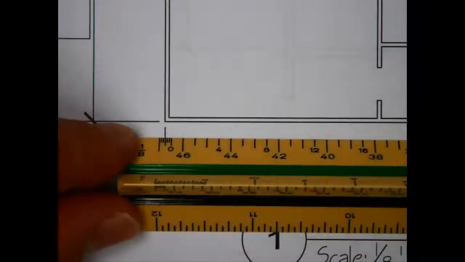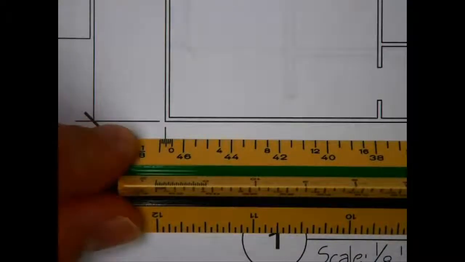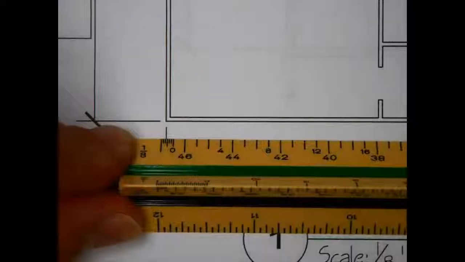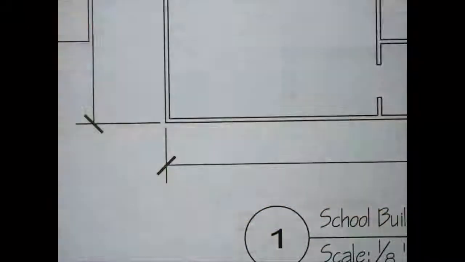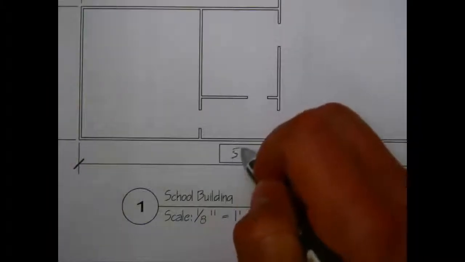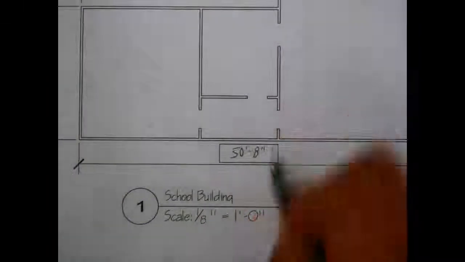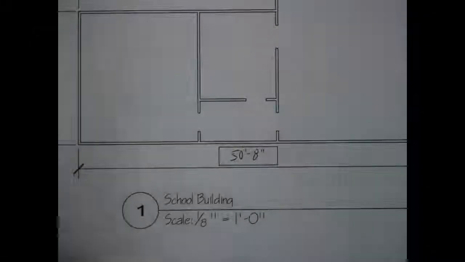As I line the right side up with 50 feet, this one's looking like it could be 6 inch, 7 inch, 8 inch. I'm going to call it 8 inches. So this would be 50 feet, 8 inches.